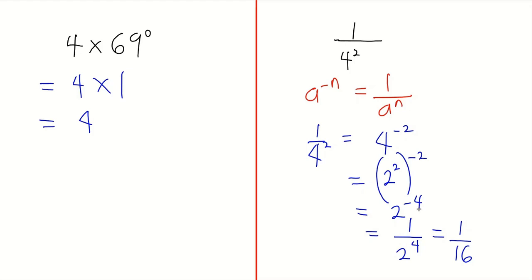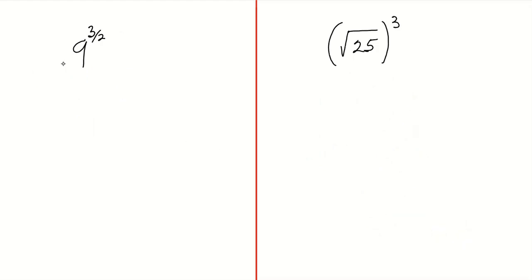Now we move to the next example, and we have 9 exponent 3 out of 2. We know we can simplify 9 as 3 exponent 2, that is 3 times 3 gives us 9. So we have 3 exponent 2, all exponent 3 out of 2.